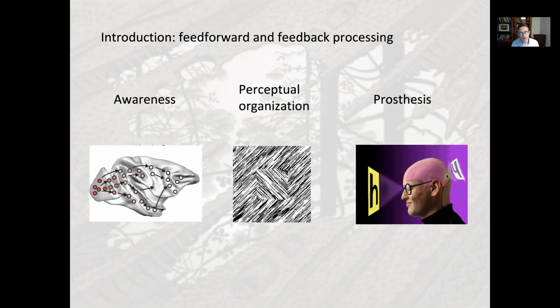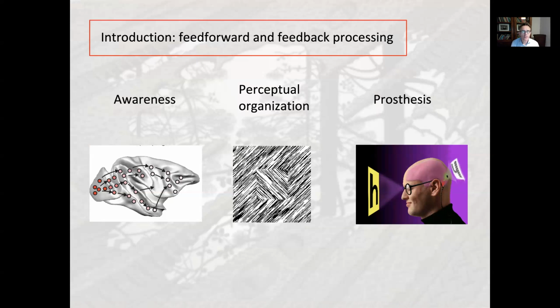So this is really about the binding problem. How are image elements bound into coherent object representations? And in the last, say, 10 minutes of my presentation, I'm going to say a few words about how we're now applying these ideas in an attempt to create an interface with the brain for blind people, a prosthesis.